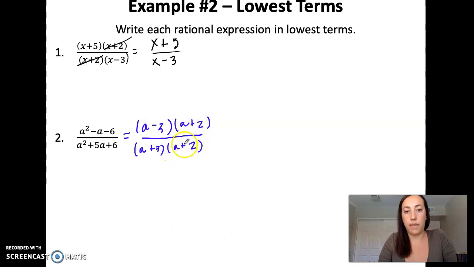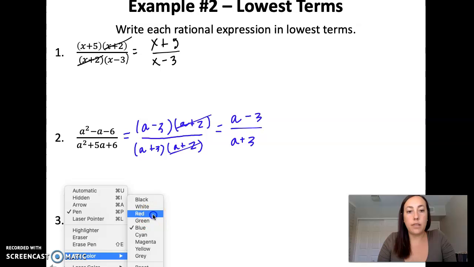You can see the common factor on top and bottom is a plus 2, so we can cancel those out, and we're left with a minus 3 on top and a plus 3 on bottom. We can't cancel anything because they do not have anything in common.